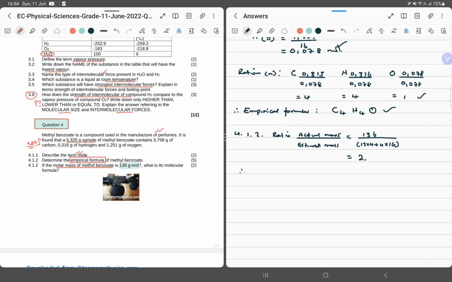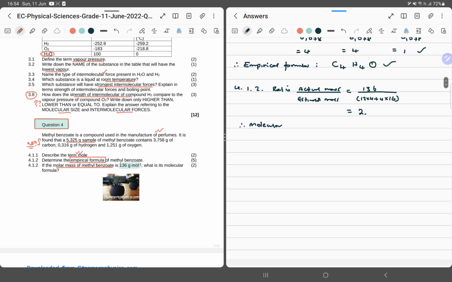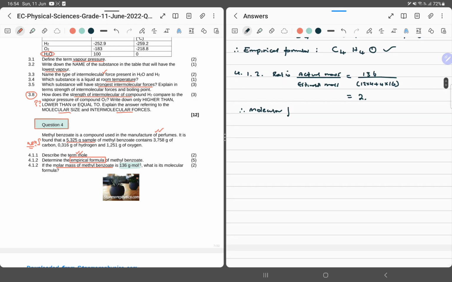So we can say therefore the molecular formula is going to be 2 into this empirical formula, which is going to be C8H8O2.